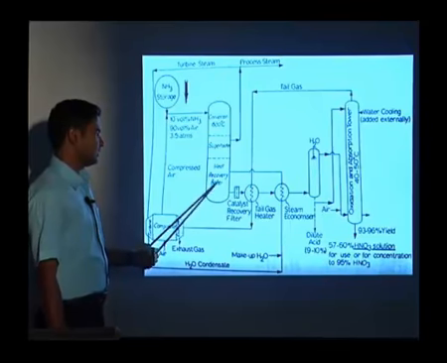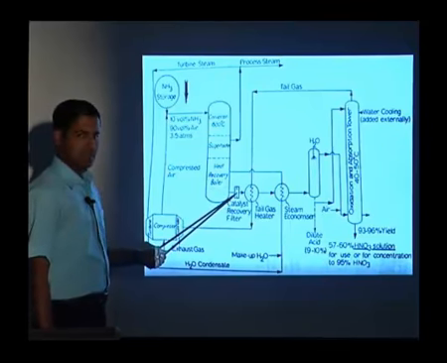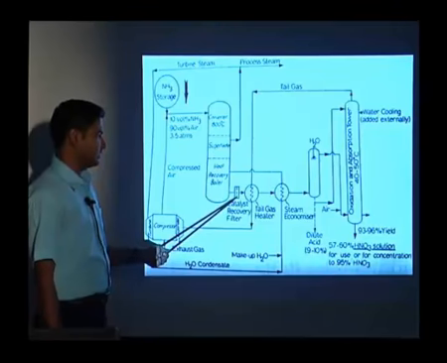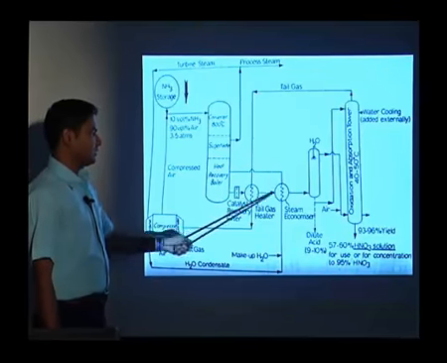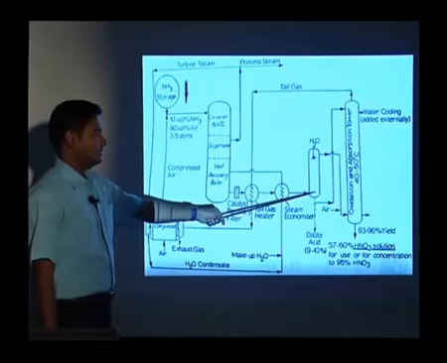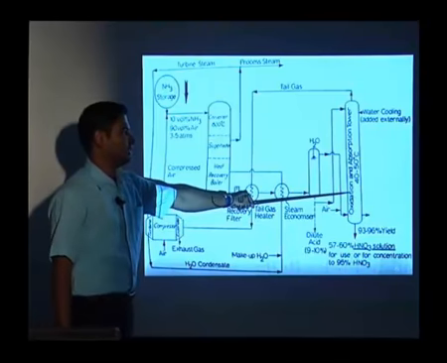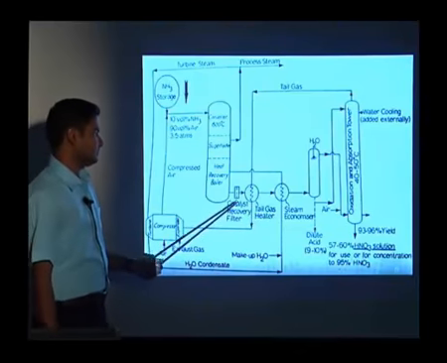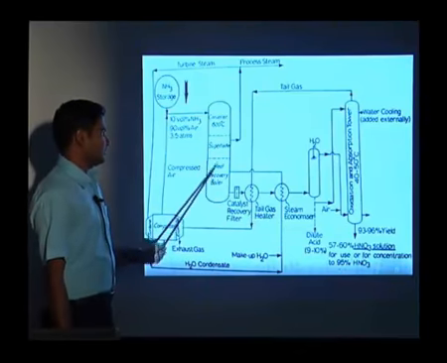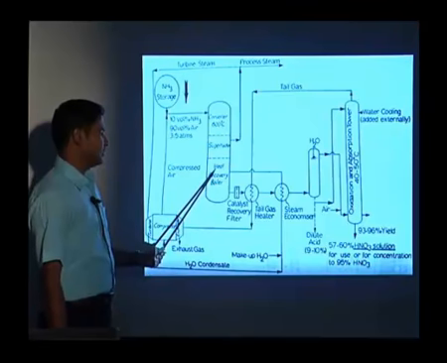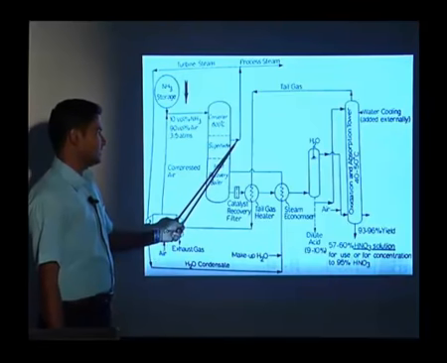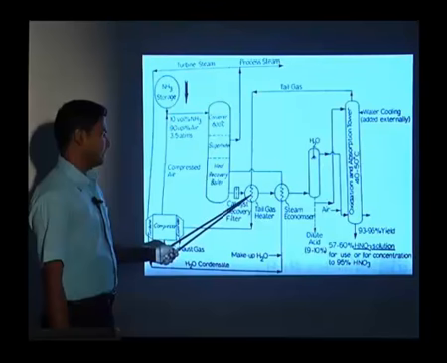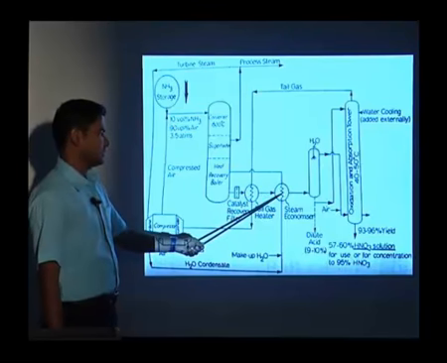Whatever catalyst traces are coming over here, we can recover in this one. Then it is cooled and sent to the oxidation and absorption tower, which is at 40 to 50 degrees Celsius. Whatever heat is produced over here, we are recovering in the tail gas heating process and this steam economizer.